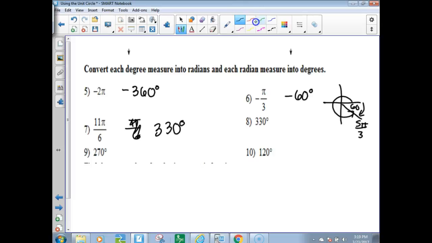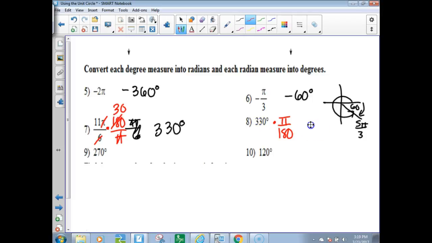Now, do you want me to show the conversion factor again? Remember, it's times 180 over pi if you're going from radians. You can get it from this as well. 6 goes into 180 30 times, 11 times 30 would be 330. So if you want to do this one, you can multiply by pi over 180. Just use your conversion factor if you feel more comfortable with that.